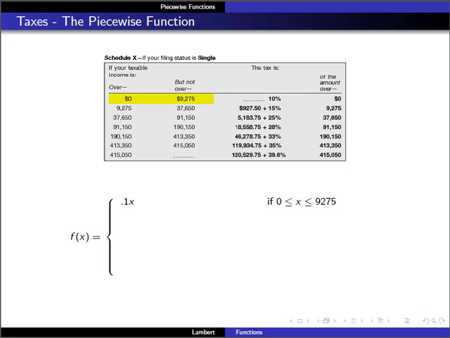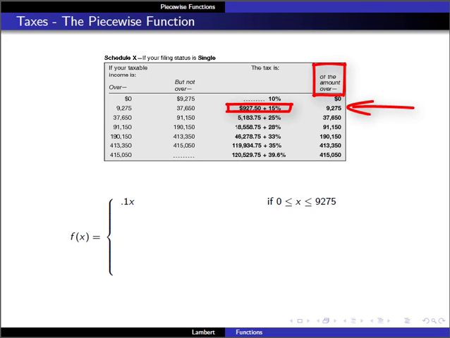Moving forward to the next one, notice between $9,275 and all the way up to $37,650, we actually have total tax being $927.50. But then we add on 15% of the amount over $9,275.